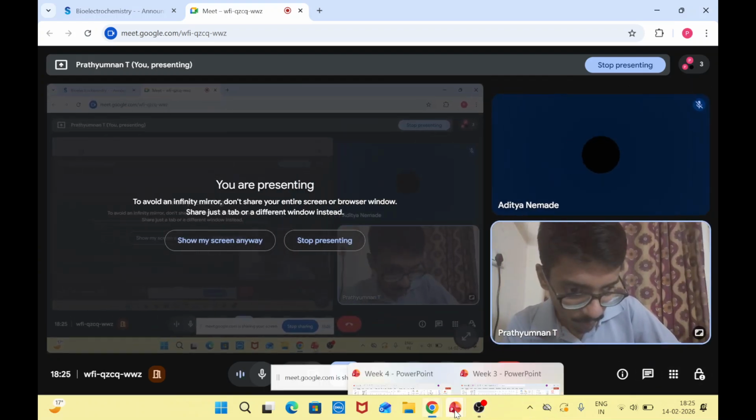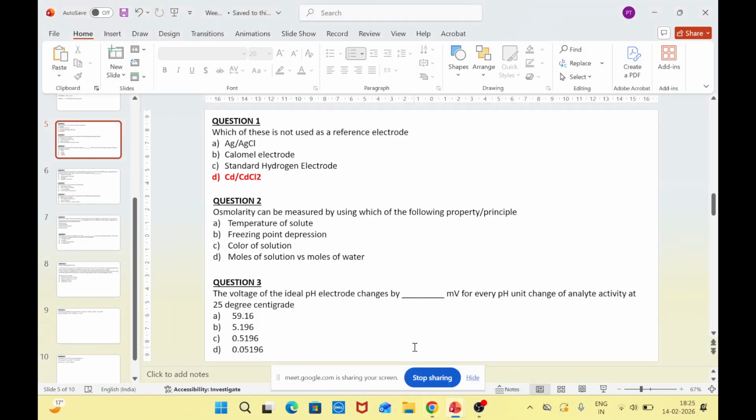Option D. Okay. Moles of solution versus moles of water. Is that right?